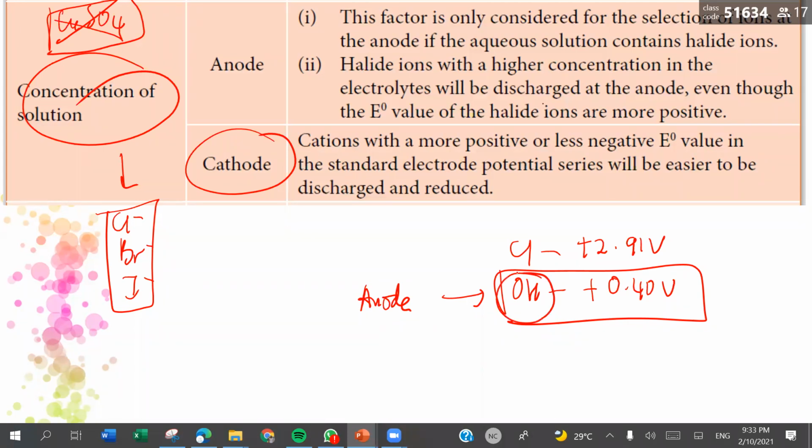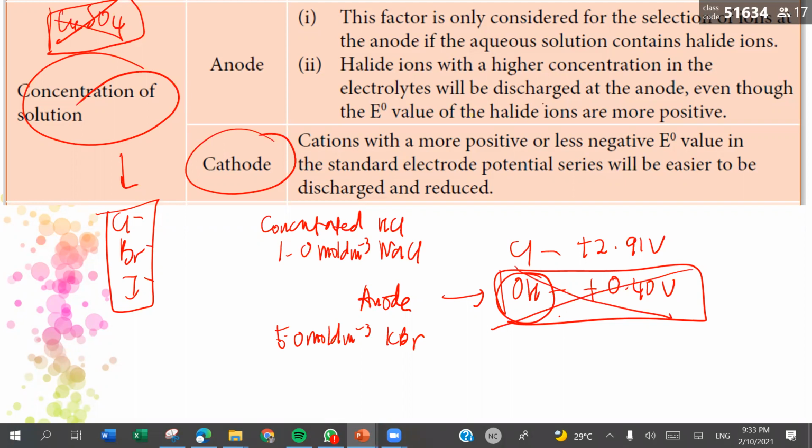Yes, sir. But if you see the word concentrated hydrochloric acid, if you see the word 1.0 mole per decimeter cube sodium chloride, if you see 5.0 mole per decimeter cube potassium bromide, if you see all this, it means you are not going to bother, even though it is OH and it's lower in value in anode.